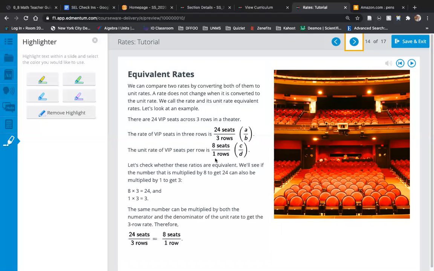So in this example over here, we're comparing these two ratios. That's talking about the number of seats compared to rows in, say, a theater somewhere. So the first one, I'm comparing the ratio 24/3 to the ratio 8/1. And we're trying to say, are these two the same ratio?